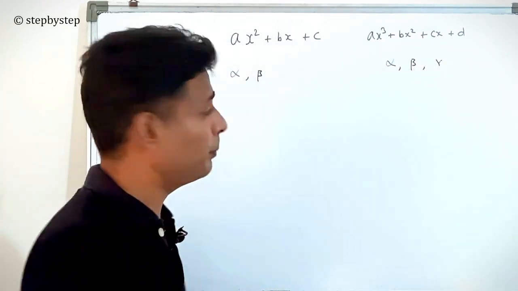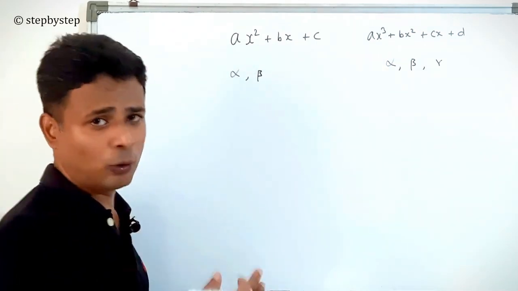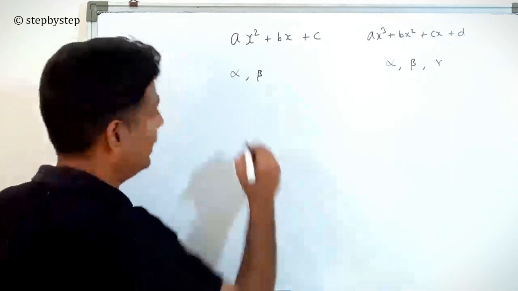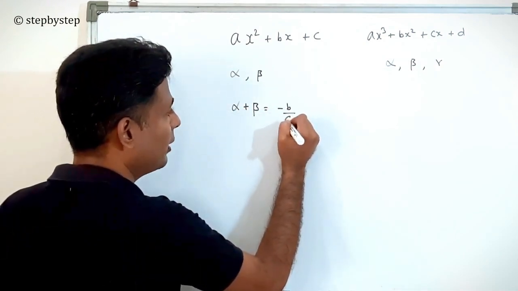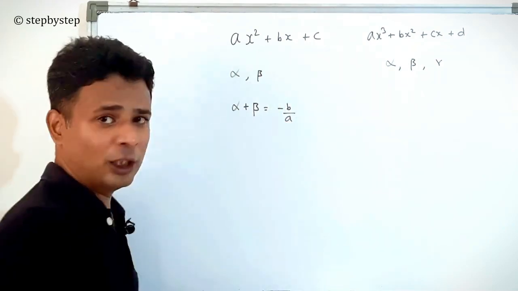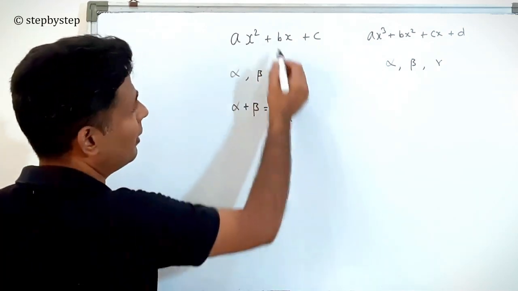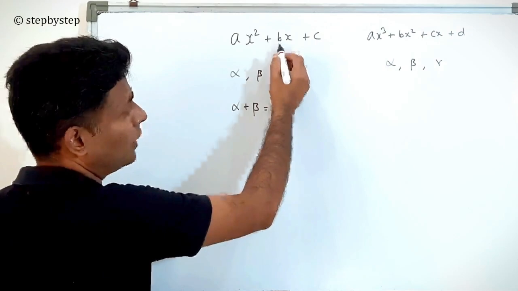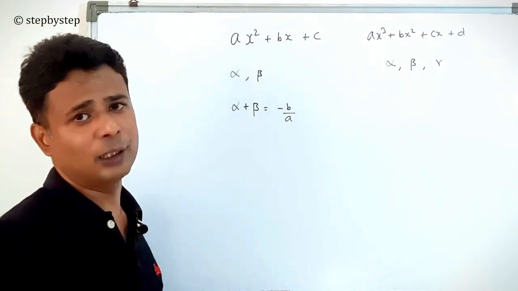Now what is the relationship between zeros and coefficients? In any given polynomial, let's say a quadratic polynomial, you will find that alpha + beta = -b/a. If you add the two zeros of that polynomial, it will always be equal to -b/a, the negative coefficient of x divided by a.